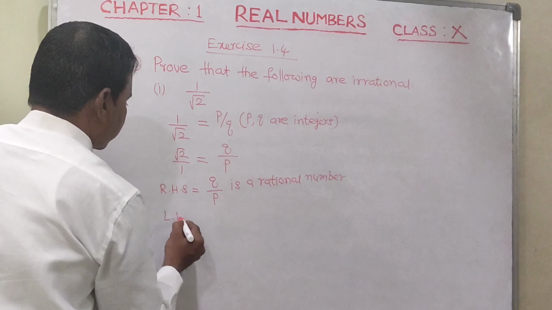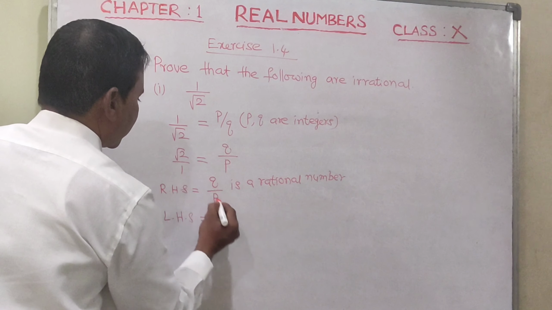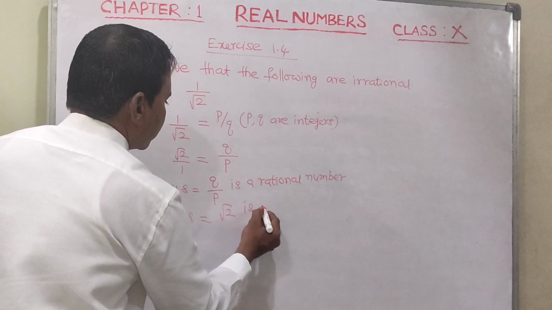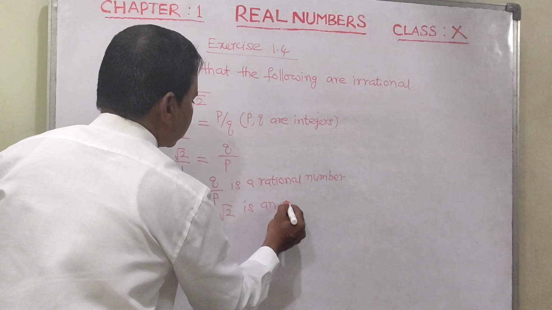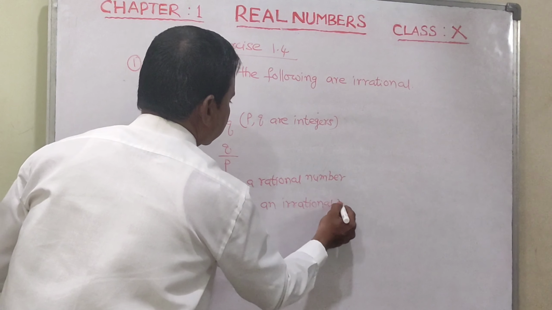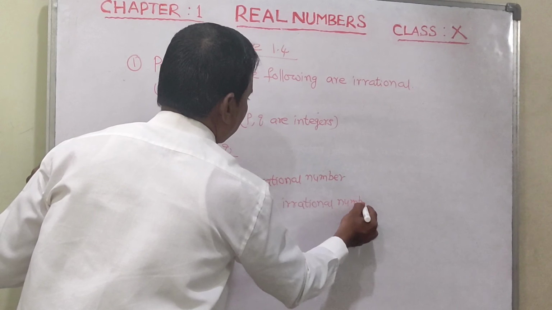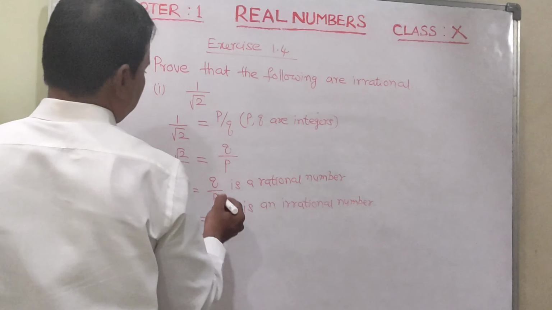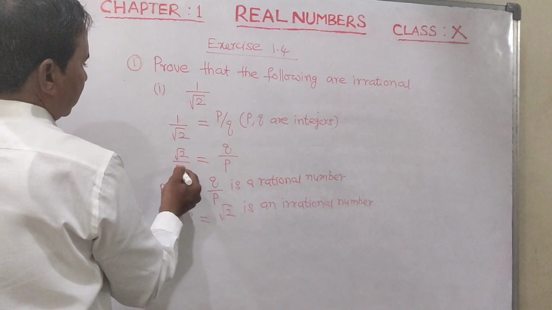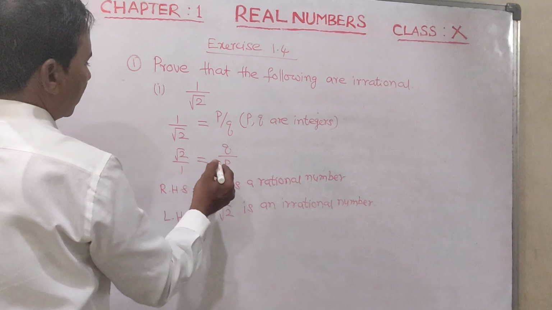On the LHS part, we have the number root 2 by 1, which is root 2. Root 2 is an irrational number. Here a rational number can't be equal to an irrational number, but an equal to sign is there, meaning both are equal.